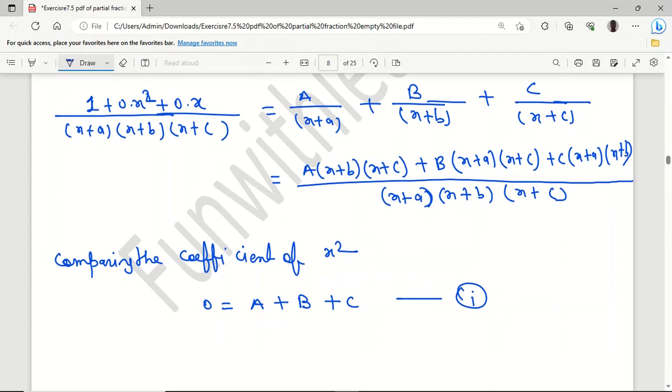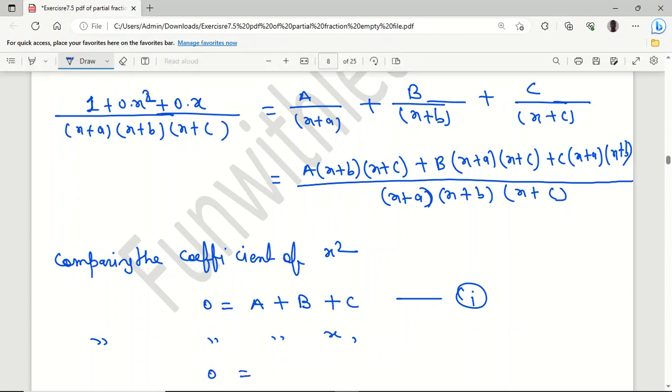Now comparing the coefficient of x. It is 0 in LHS, no x.